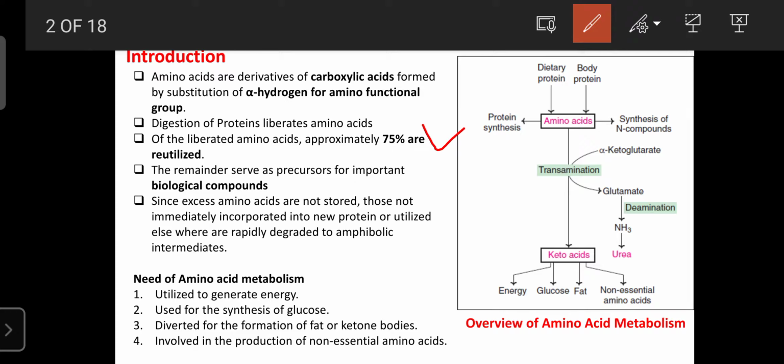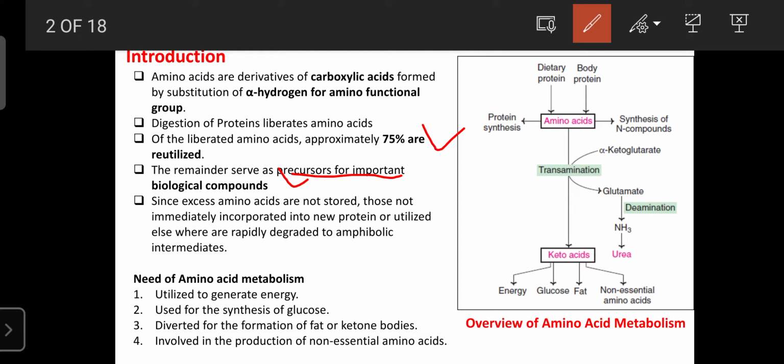And the remaining 25% of the amino acids serve as precursors for important biological compounds. Okay, 75% are reutilized, and the remaining 25% are involved in the synthesis of biological compounds, because amino acids cannot be stored. They are either utilized immediately or catabolized immediately.